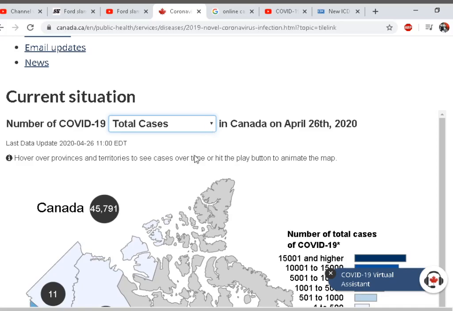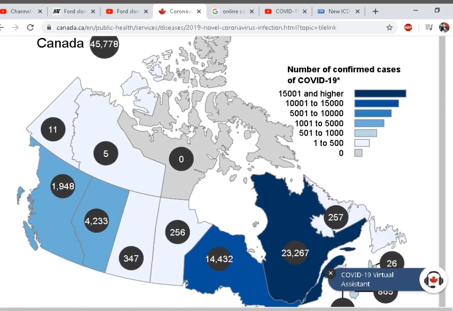Total cases, and then when you go to confirmed, do you see what's happening here? What's that a difference of? 20 and a bit. So we'll work with confirmed cases here, and we'll just work with Ontario.